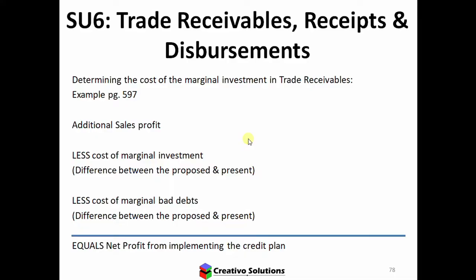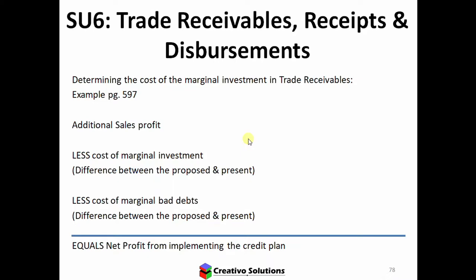An increase. Good. So if you read the question further, the example tells you that there's a 5% increase in sales. You're now going to sell an additional 3,000 units. So 60,000 units will increase by 5%. You're now going to sell 63,000 units.